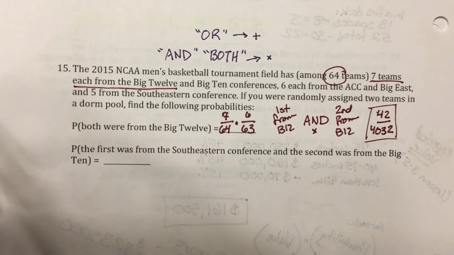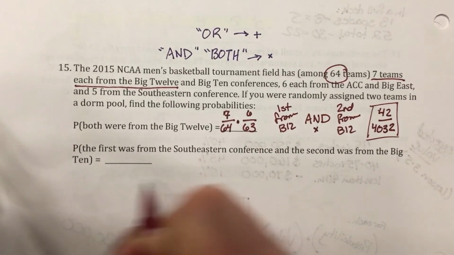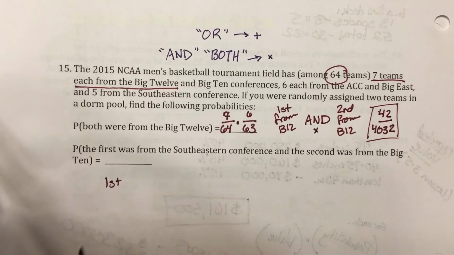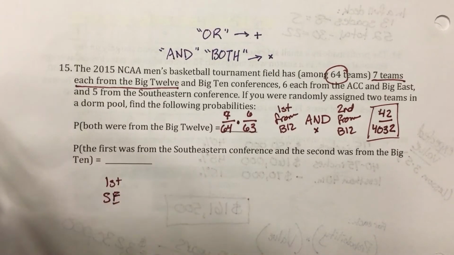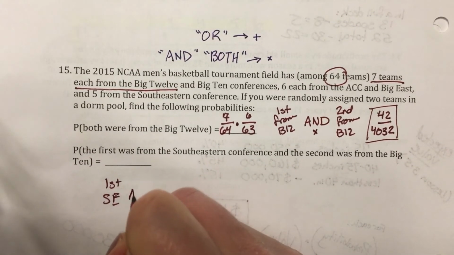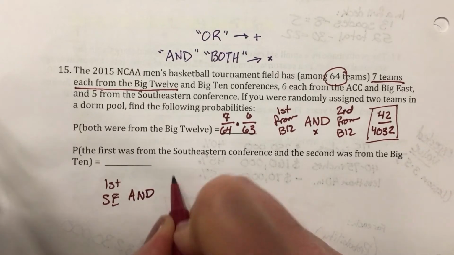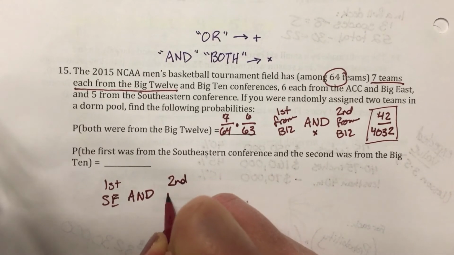Now the second probability that we're looking for, we want the first from the Southeastern Conference, and then we want the second from the Big 10.